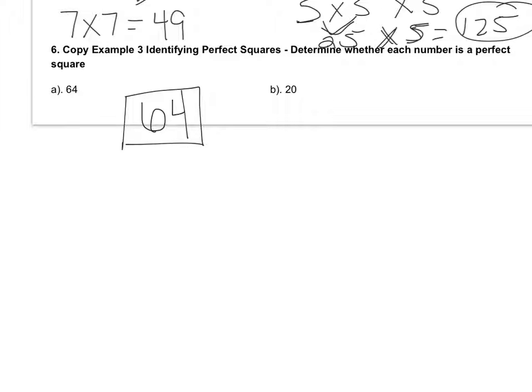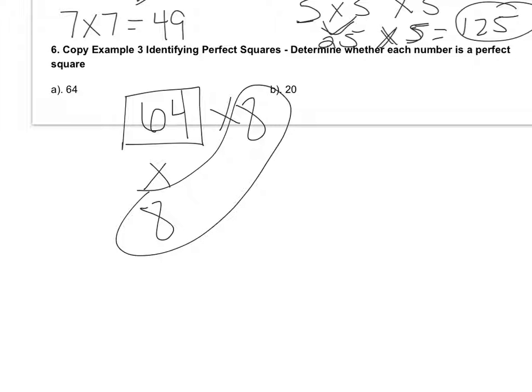We're trying to identify if there are two numbers that we multiply together that equal 64. One way of doing this is to use your multiplication chart. Well, if we check it out, we have 8 and 8. And since they are the same, we know that 64 is, yes, a perfect square.